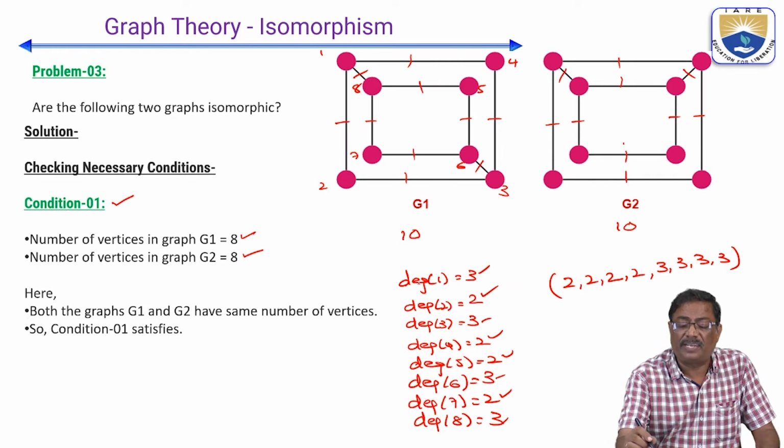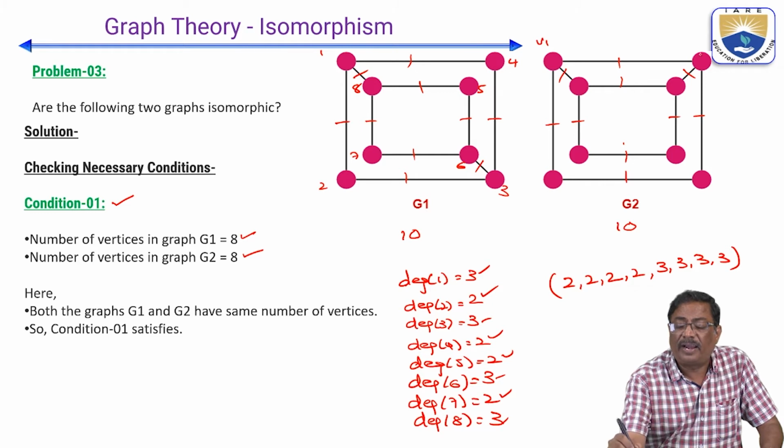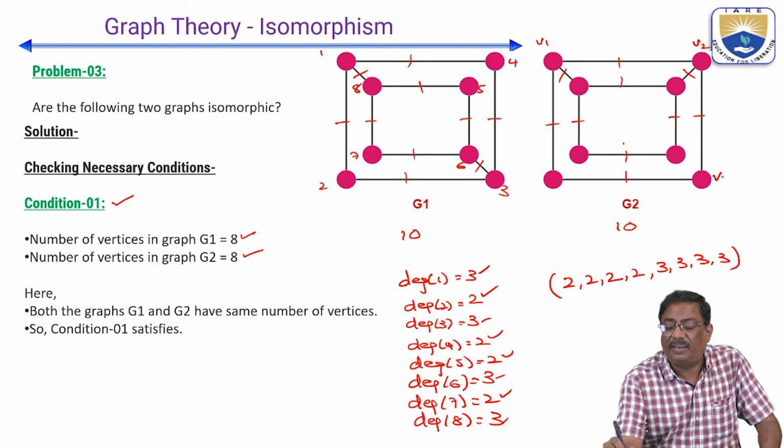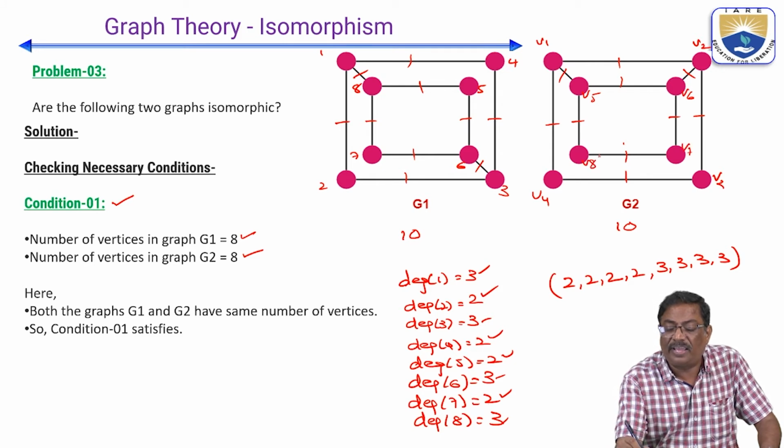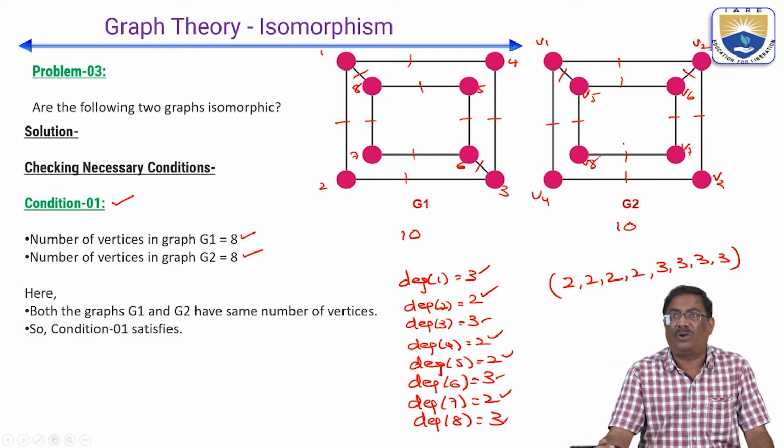So here let us consider V1, V2, V3, V4, V5, then V6, V7, V8. Similarly, if you calculate, you will get the same degree sequence.